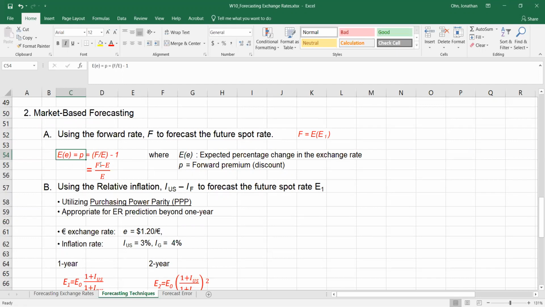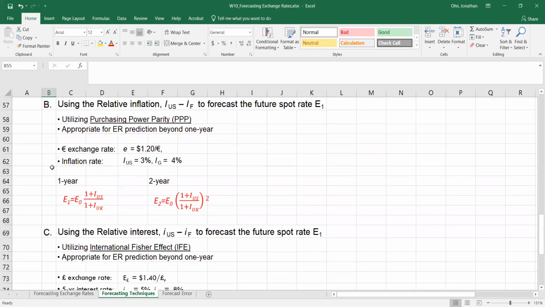You see what I mean? The forward rate is an unbiased estimator of the future spot rate. So the future spot rate minus E, the current spot, divided by the current spot, is the percentage change in the currency value. So that's one way.